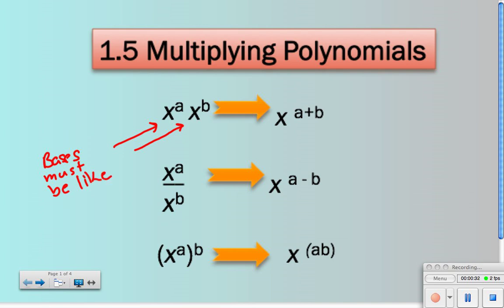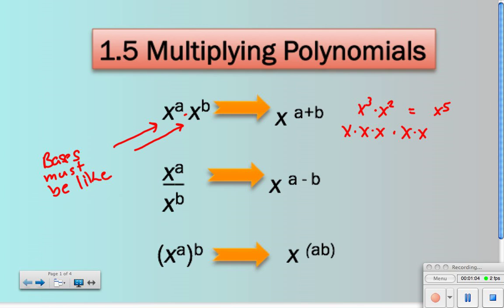Now, if the bases are alike, when we're multiplying them, we end up taking their exponents and adding them together. So for example, if we had x to the third times x squared, it would end up being x to the fifth. Because that's really 1, 2, 3 x's times 2 x's. And that's x to the fifth altogether.